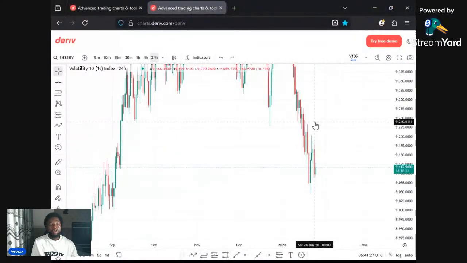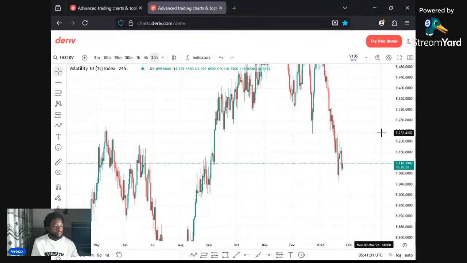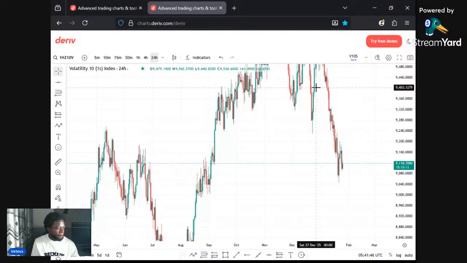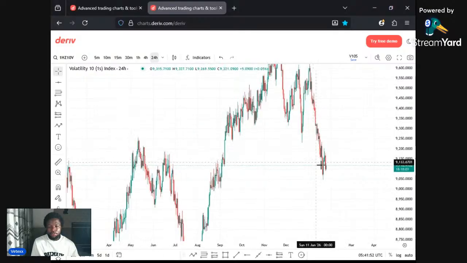And on the 24-hour time frame, there is a deep retracement, which is trying to be this. On the 24-hour time frame, price is trying to retrace now after giving its deep retracement.